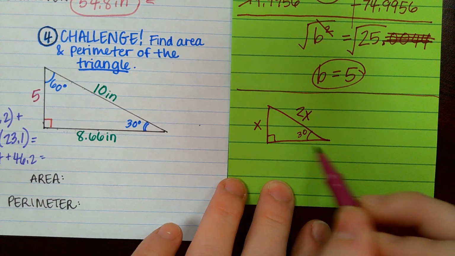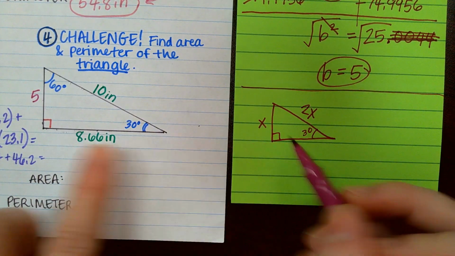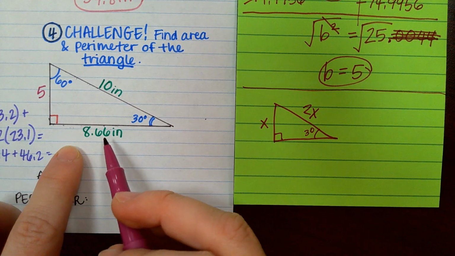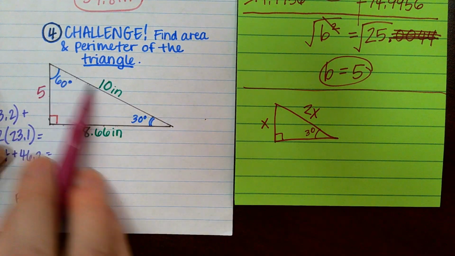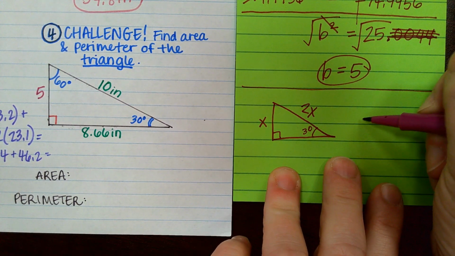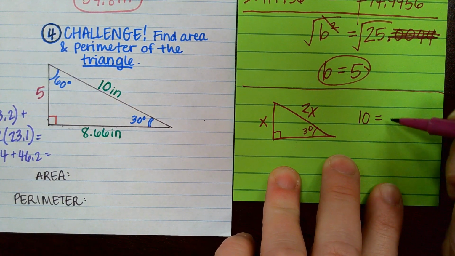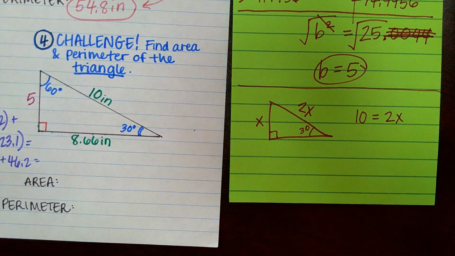This one we don't really need, so we're just going to look at these two right now because we've already got the answer for this. It's 8.66. So if I know that 10 inches is 2x, we could set up an equation: 10 equals 2x.